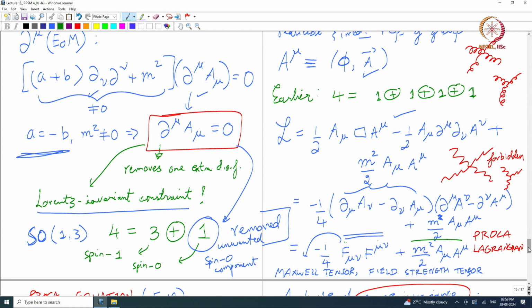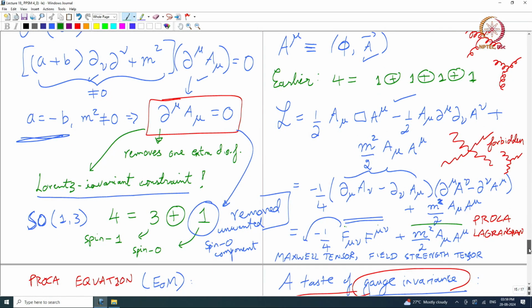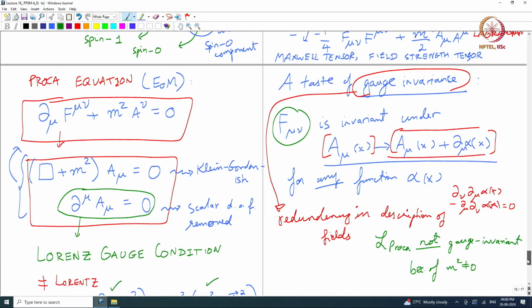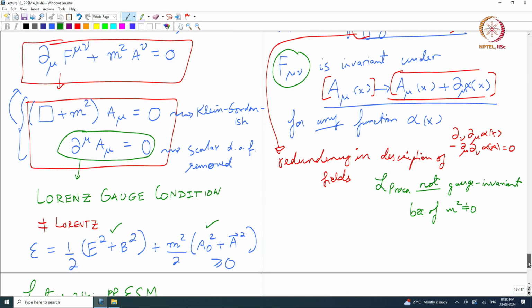And when we wrote down the Lagrangian, we made use of the Maxwell tensor or the field strength tensor notation and ended up writing the equations of motion, which are also known as the Proca equation in this case.